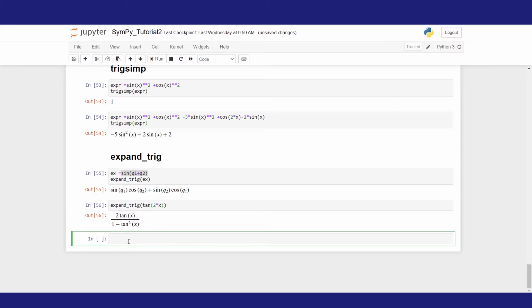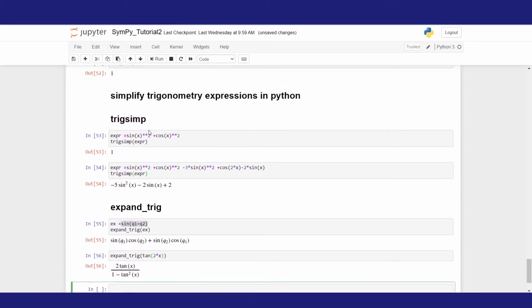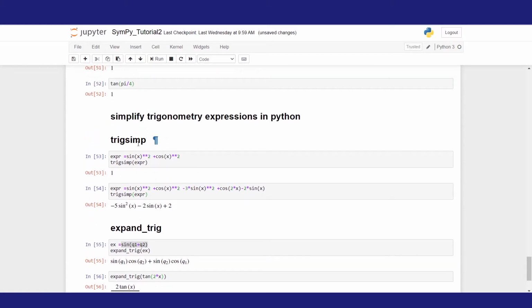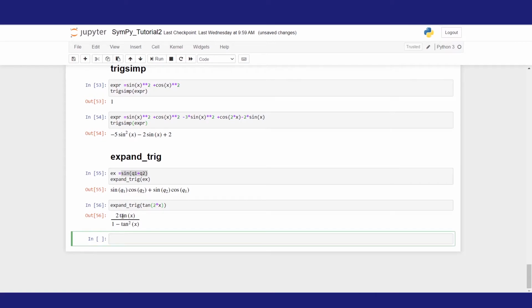And just like when you apply the same upper function, trig simp, if you simplify this, you go straight to tan of 2x. So it will be a reverse.